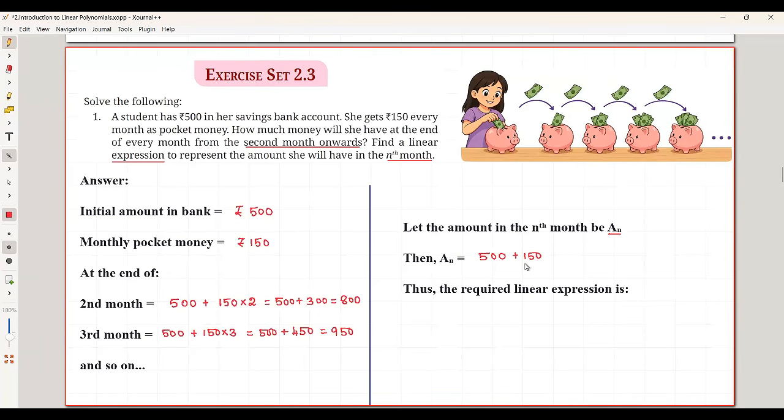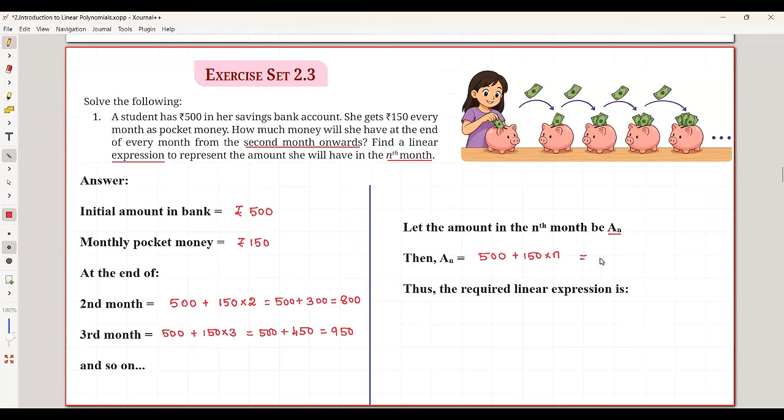The number of months keeps on changing, so I am taking the variable as n. 150 into n. If n is equal to 1, first month, n is equal to 2, second month, n is equal to 3, third month. So this is the pattern.